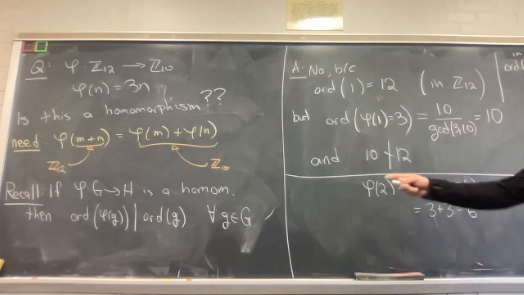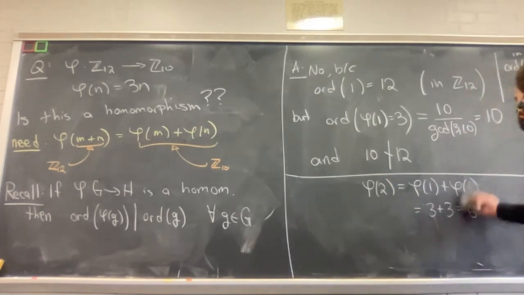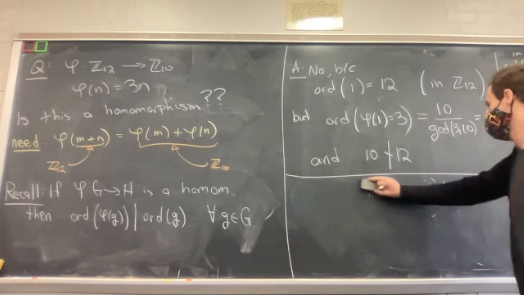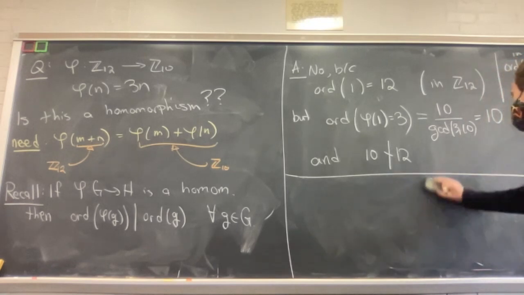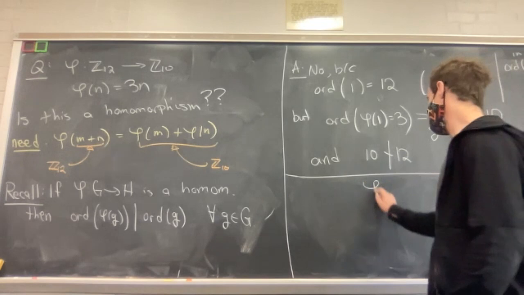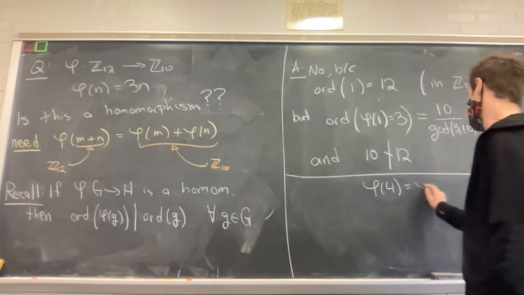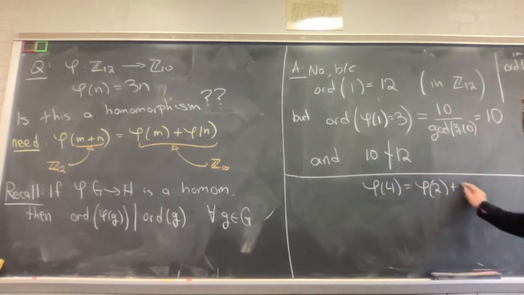But then that's also equal to 6. So now we've got to go bigger. I'm really sorry, everyone. Let's do phi of 4. That's the same thing as phi of 2 plus phi of 2 if it's a homomorphism.